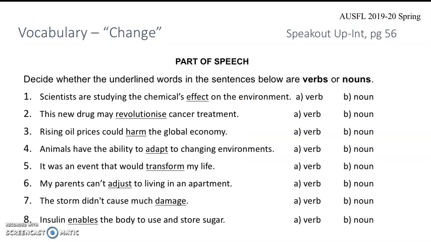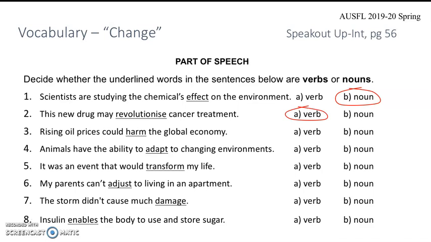Here is the list of the sentences from the matching exercises. We're going to work on their part of speech. Take a look at the underlined words and decide if they are verbs or nouns. Remember to pause your video. Let's check the answers. Affect is a noun.